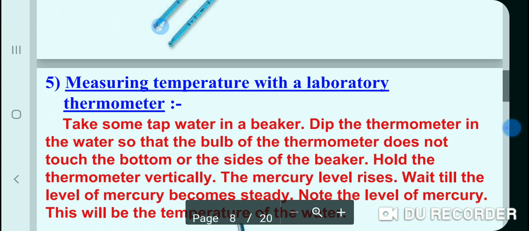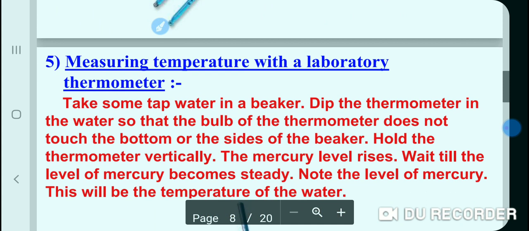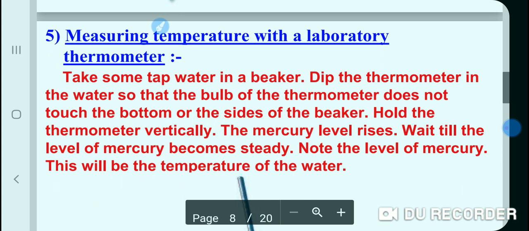Then, measuring temperature with a laboratory thermometer. Earlier you learned measuring temperature with the help of a clinical thermometer. Here we will learn how to measure the temperature of any object with a laboratory thermometer. Suppose you are going to measure the temperature of water.